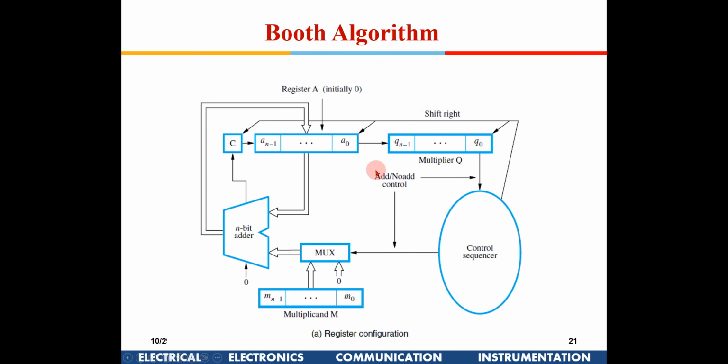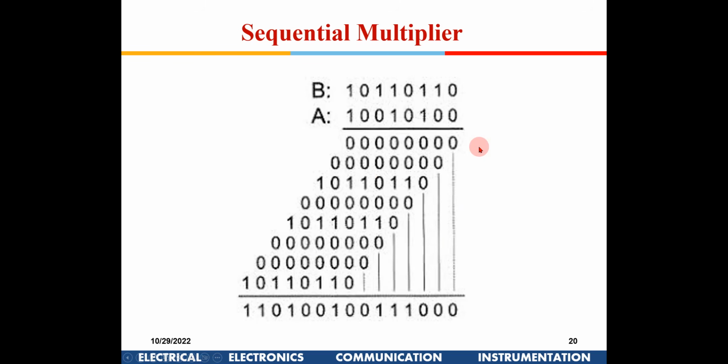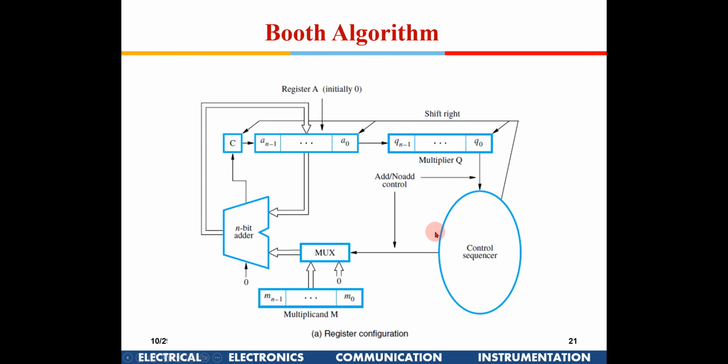With every clock cycle you need to do 2 operations, one shift operation and one add operation. And the total number of bits here, those many clock cycles will be required. So that is what is being done here.